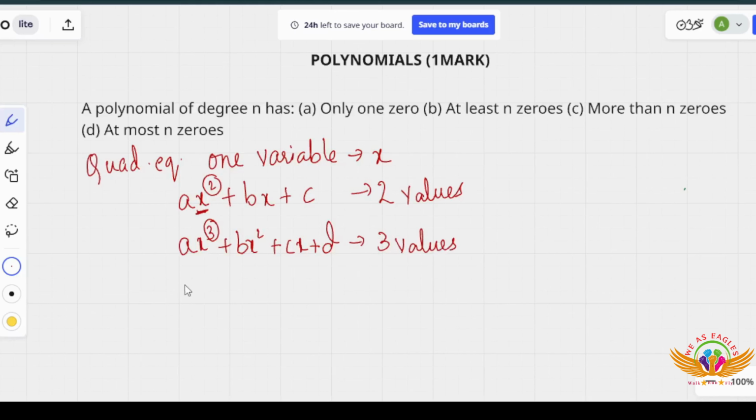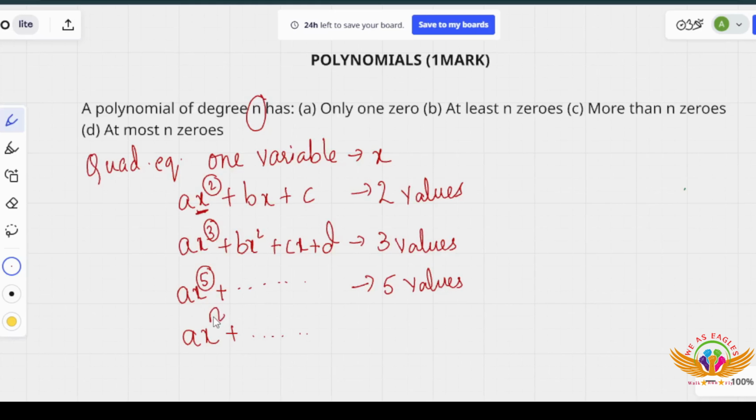Done. And now I'm going to take another with some other degree. I'm going to take x power 5 and it just goes on. So now look at the first degree. Because the degree is 5, it has 5 values. Similarly, if I have n, this is what the question has asked: ax power n plus so on.